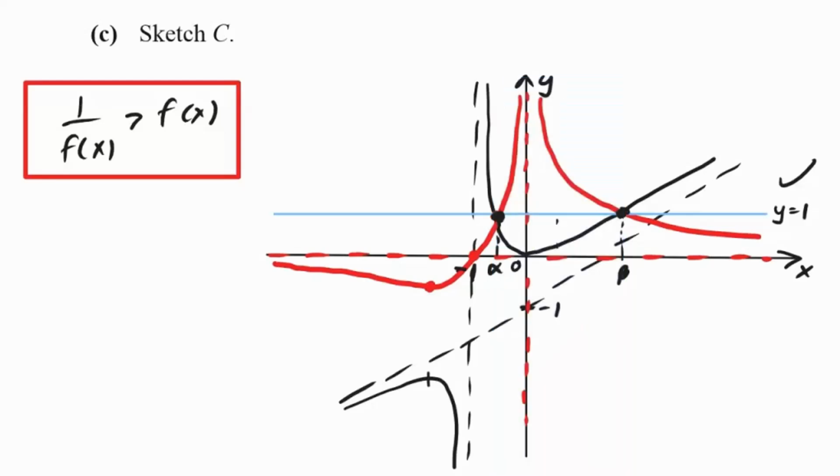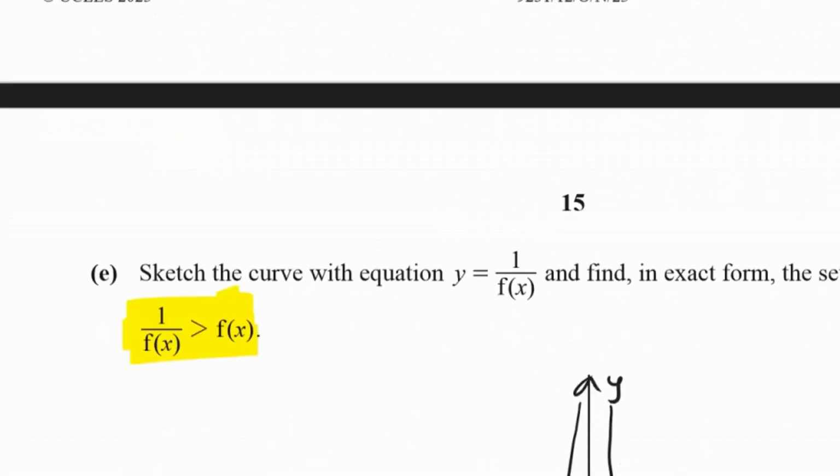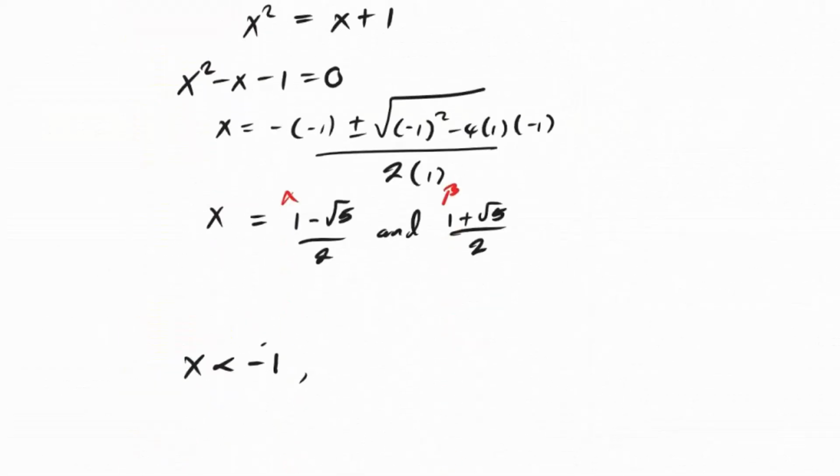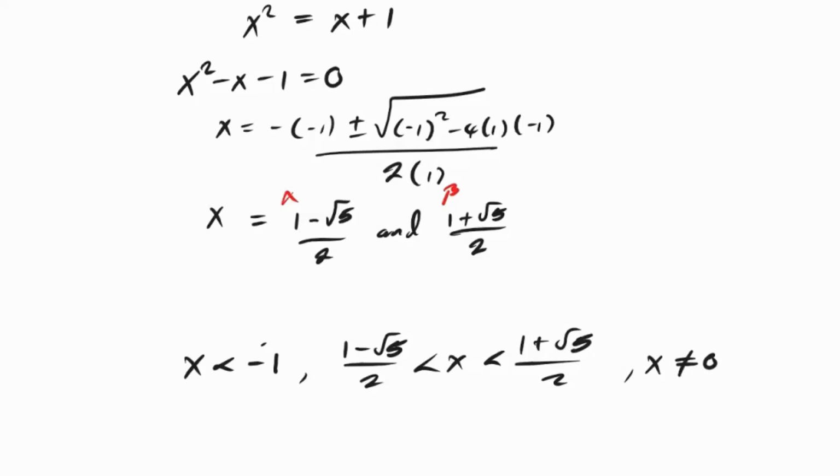So we can say that for values between alpha and beta, which is values between 1 minus root 5 over 2 and 1 plus root 5 over 2, excluding x being equal to 0, these again are solutions to this inequality. So what we have here is the answer. That's the solution. And that's how we do it.